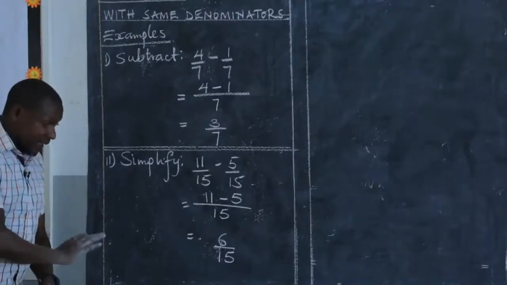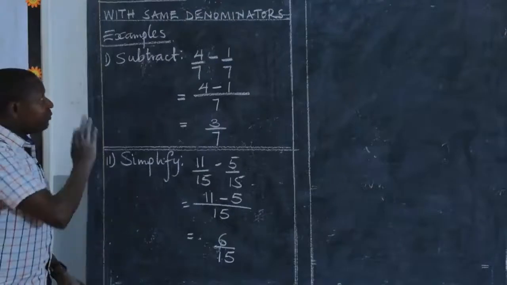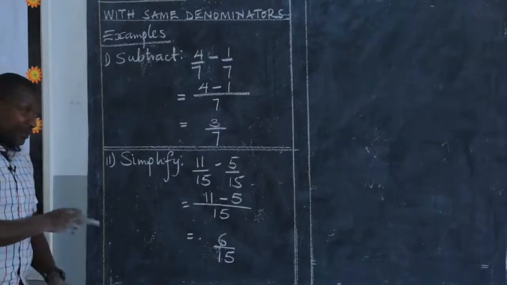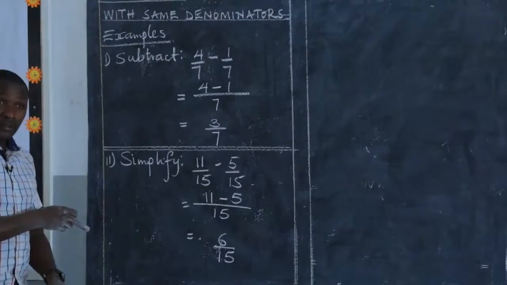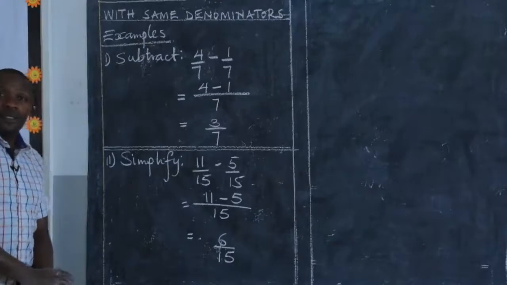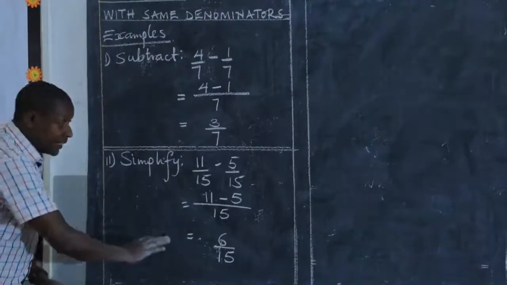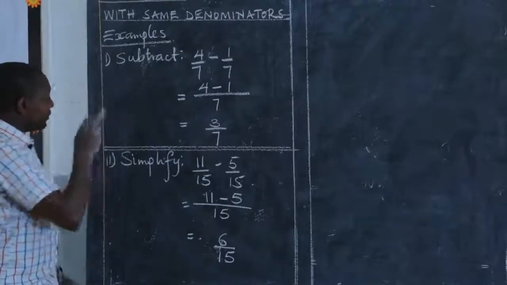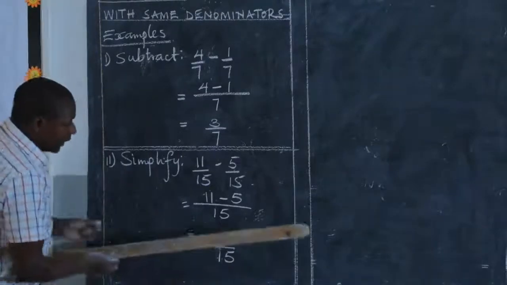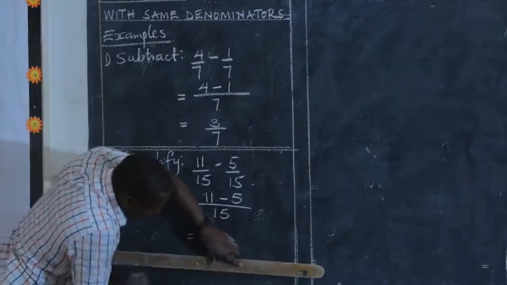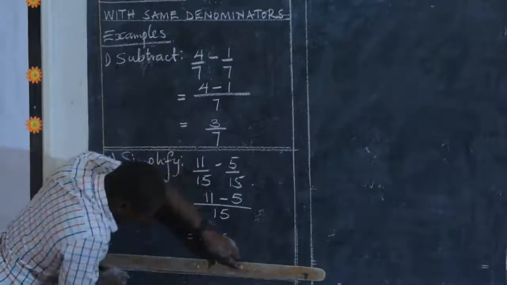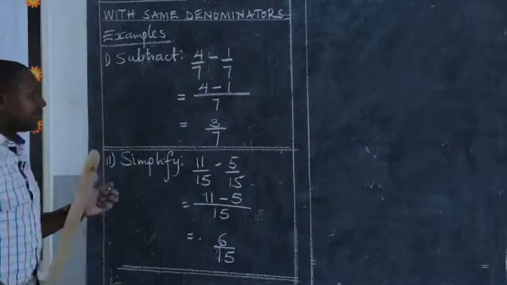But for that matter, let's stop it here, because we have been dealing with what we have seen up there. But if they tell us to reduce this one, we can. It is possible we can. But we are not going to reduce it. We can have it as the answer because we have been told to subtract or to simplify this one. Fractions with the same denominators. Have you underlined? Yes, teacher.